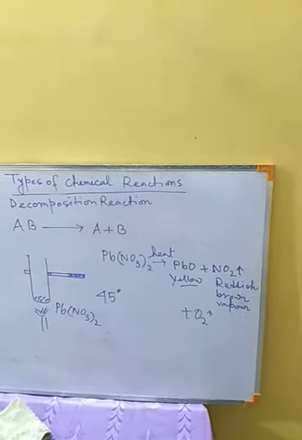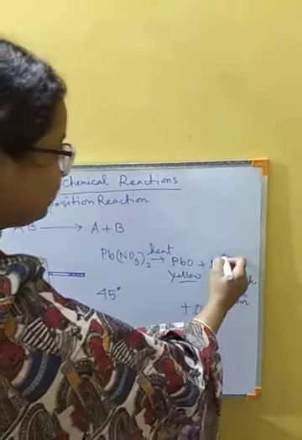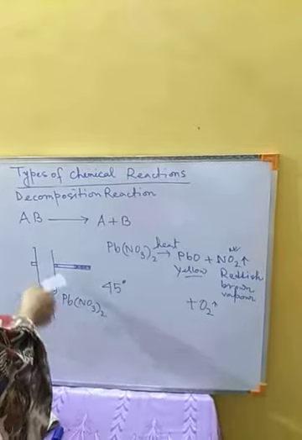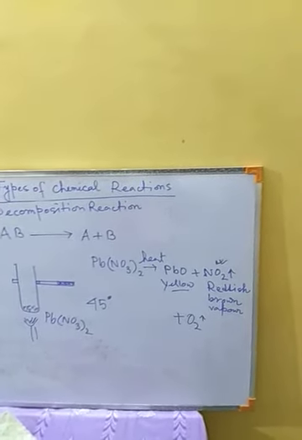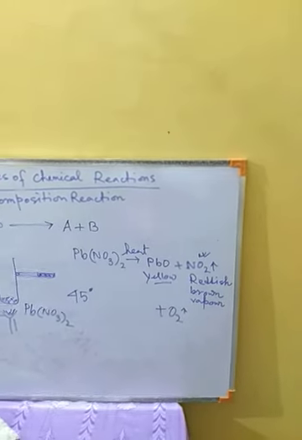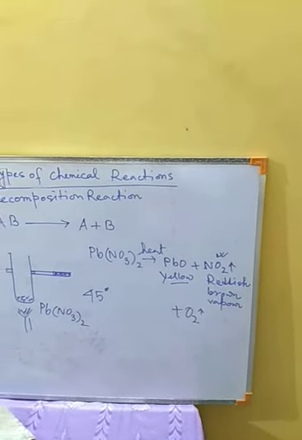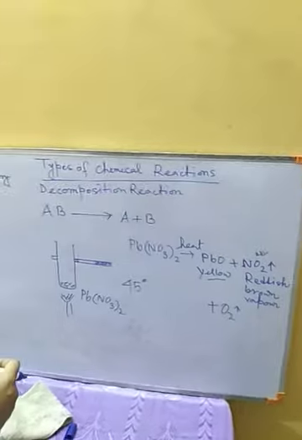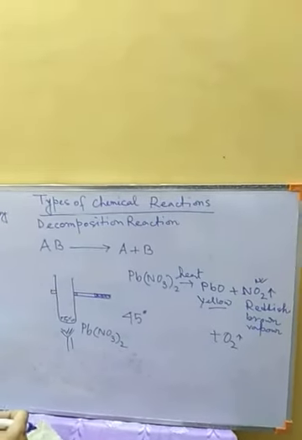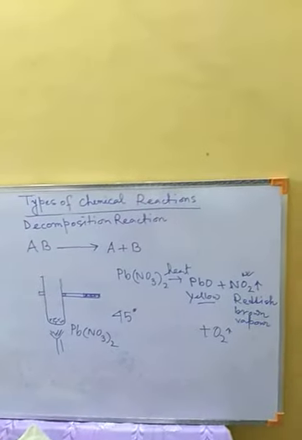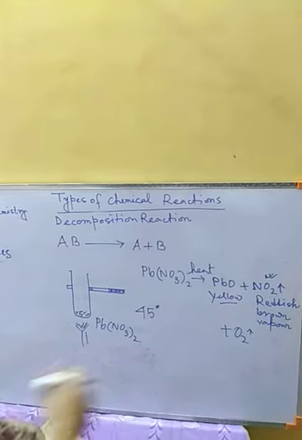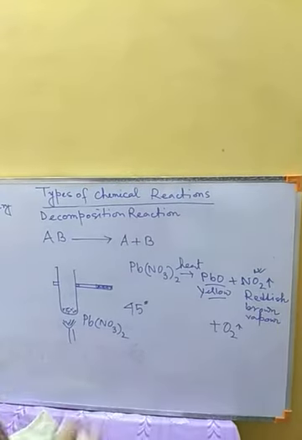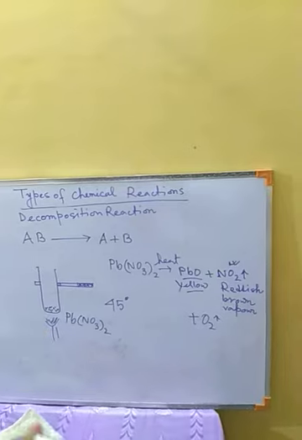On heating, we will first see the white lead nitrate melt a kind of, and then it will become reddish or brownish, and then after strong heating we will see this reddish brown vapor. Then if we take it out from the heat, the yellow lead oxide will be observed at the bottom of the test tube.